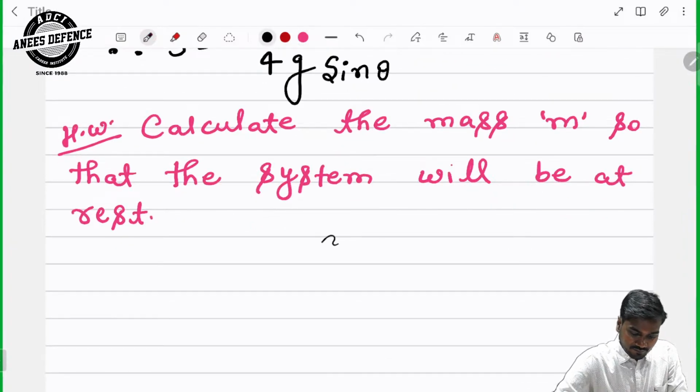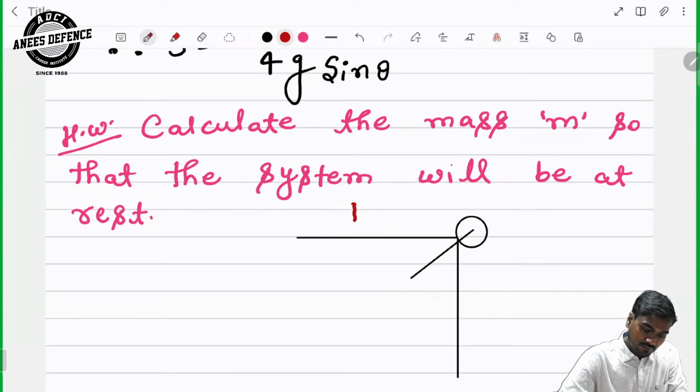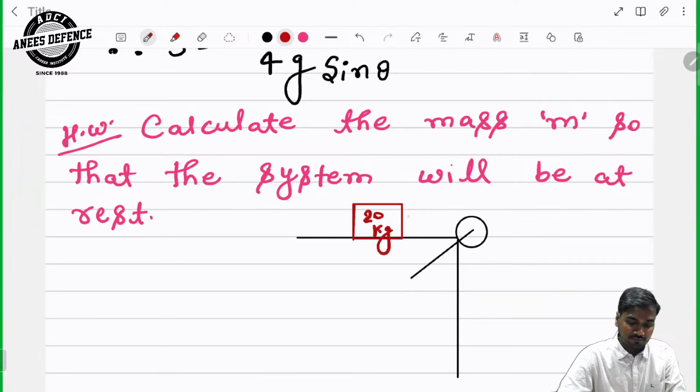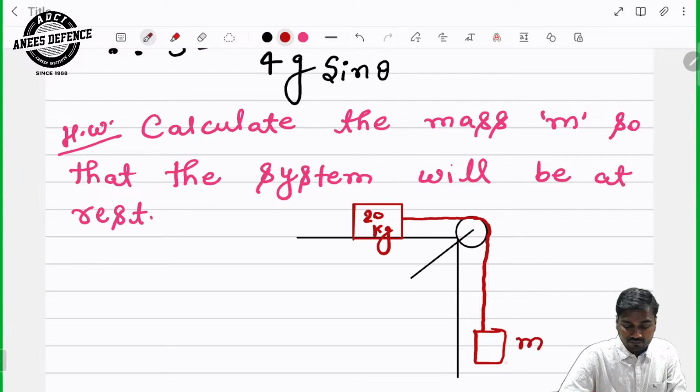The mass is 20 kg. You have to calculate the mass of another object.